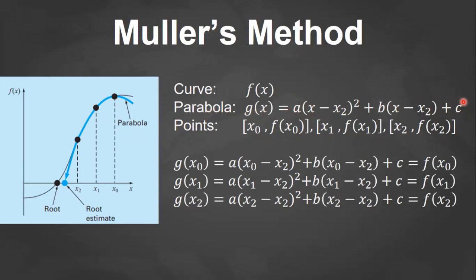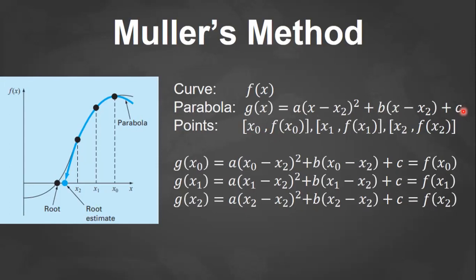Now, take note that we have 3 points or xy pairs, right? So if we substitute the values of x and y into the equation of your parabola, then we can generate 3 equations with A, B, and C now being your unknowns.